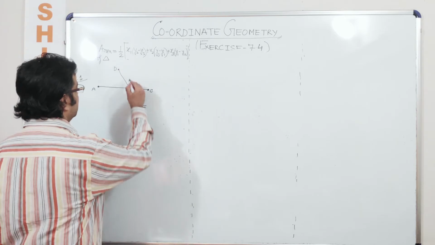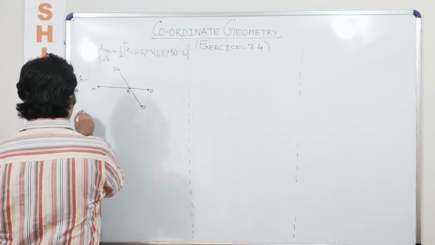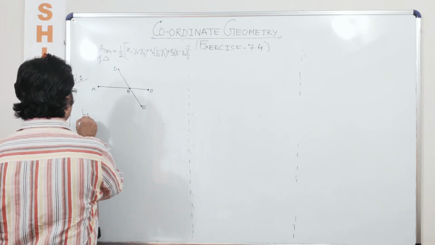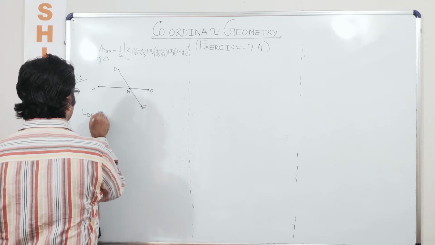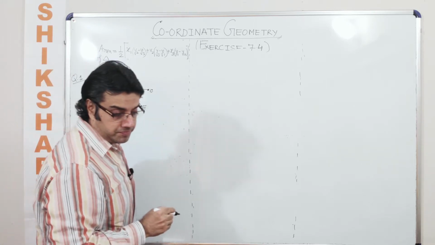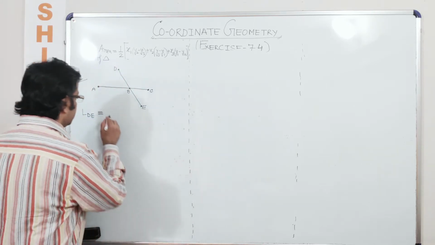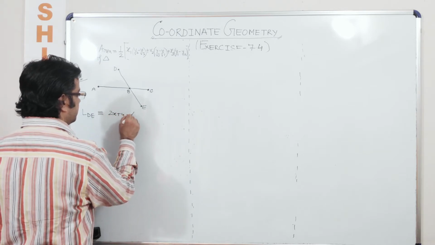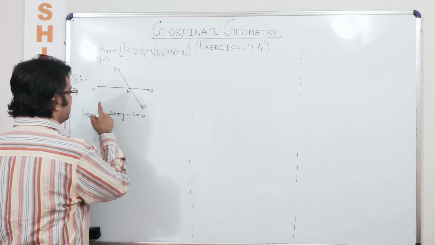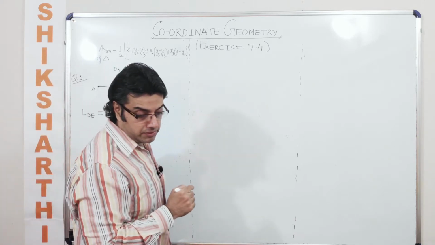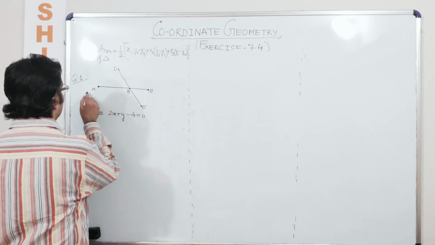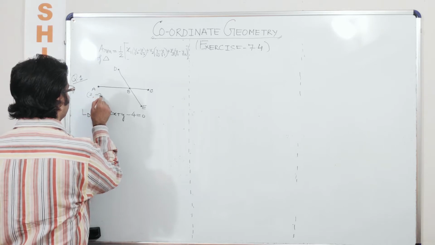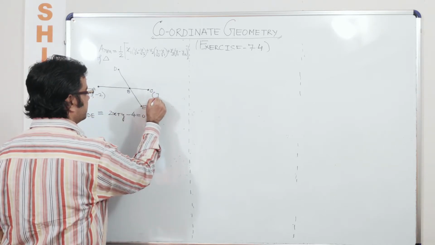So if I say the equation of the line DE, it is given to you as 2x plus y minus 4. And then the coordinates of A and C are given, which are 2, minus 2 and 7, 3.